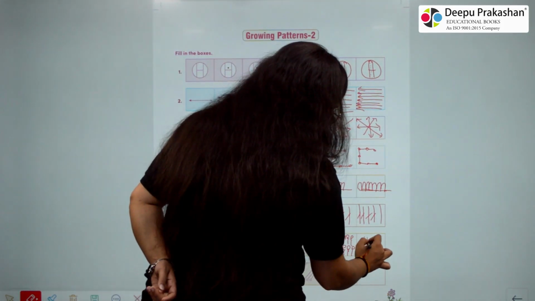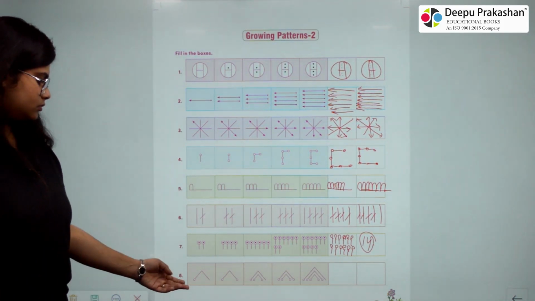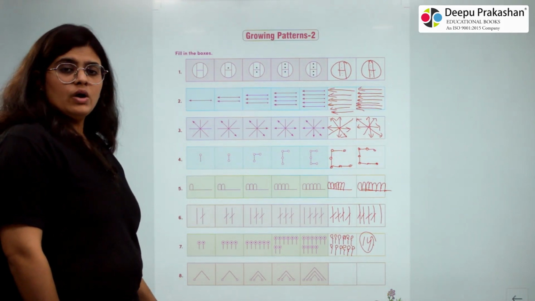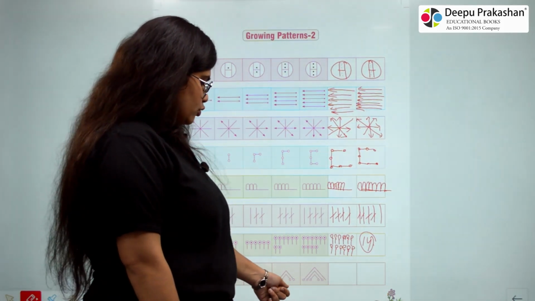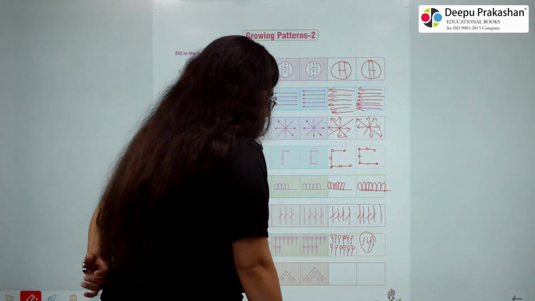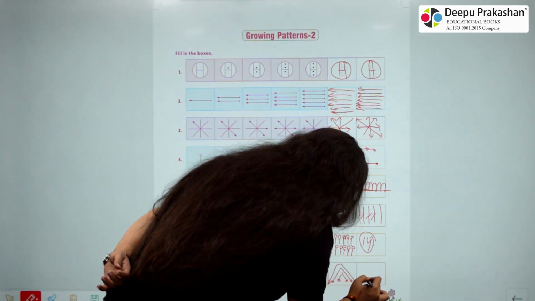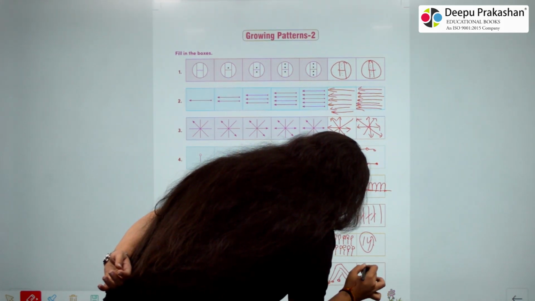Similarly, next one will have 14. Okay. 8. Here we have 1 circle, then 2, then 3, then 4, then 5. So the next one will have 6 circles and next one will have 7. Okay.